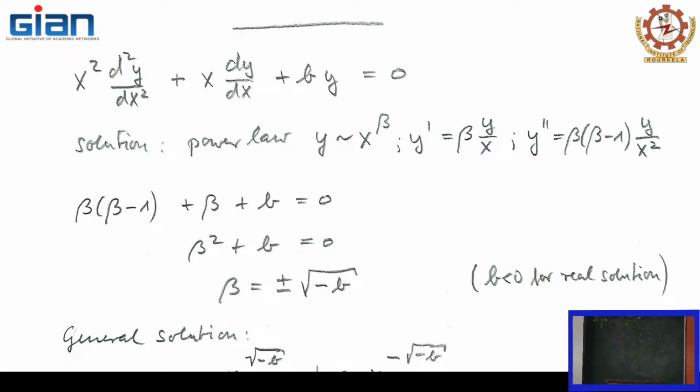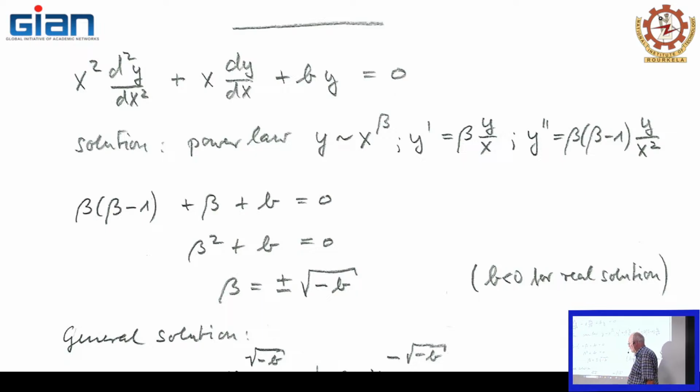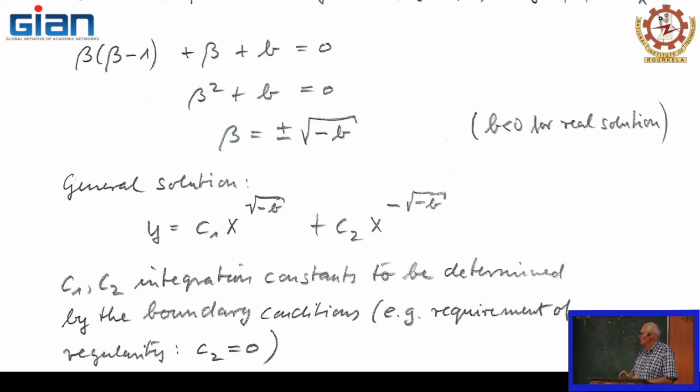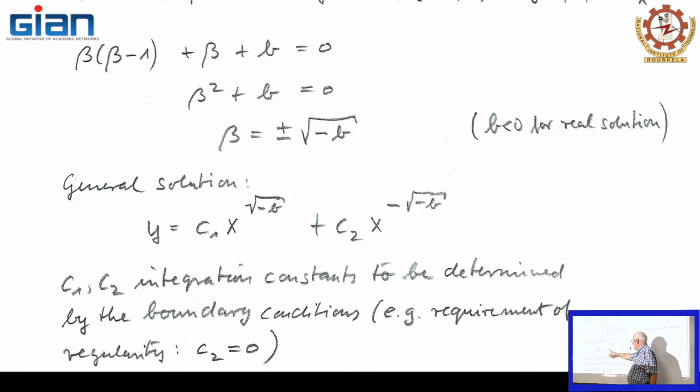B should be smaller than unity to allow for real solutions. So the general solution will be a superposition of two power laws. One goes with x to plus square root of minus beta, and the other one goes with x to minus square root of minus beta. Okay, so the general solution of this equation will be C1 times x to the power square root of minus beta plus C2 times x to the power minus square root of minus beta.